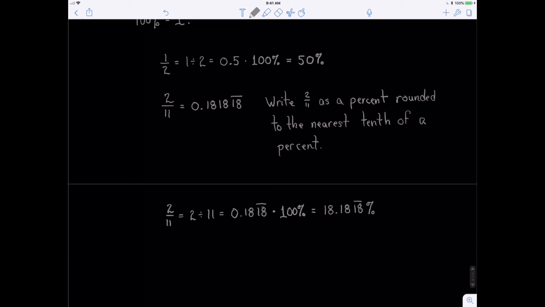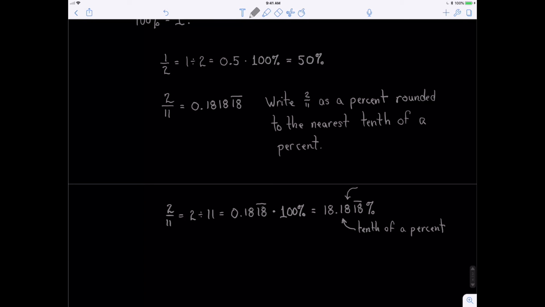So now that we have the percentage in here, notice that this 1 right here is the 1/10 of a percent. So the rule stays the same. If we want to round to the 1/10 of a percent, we look to the number immediately to the right.